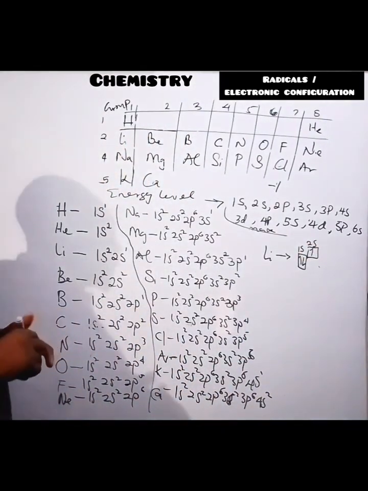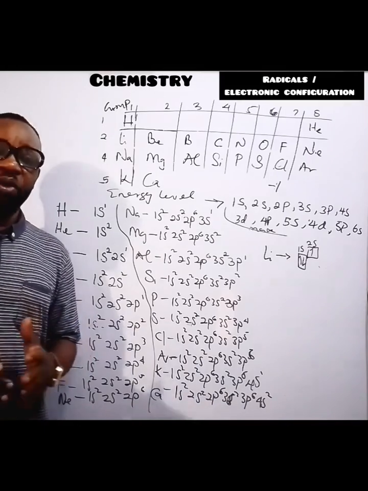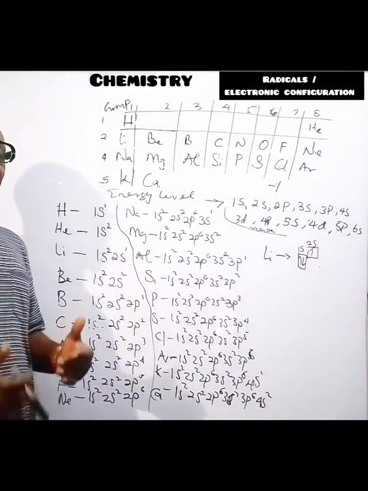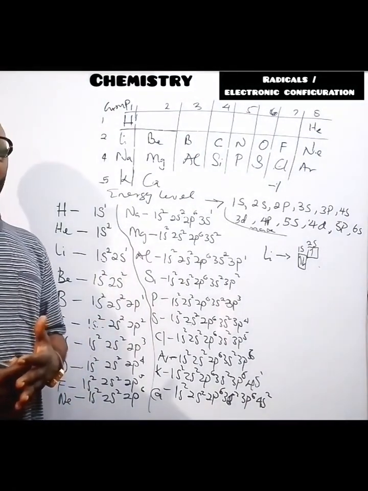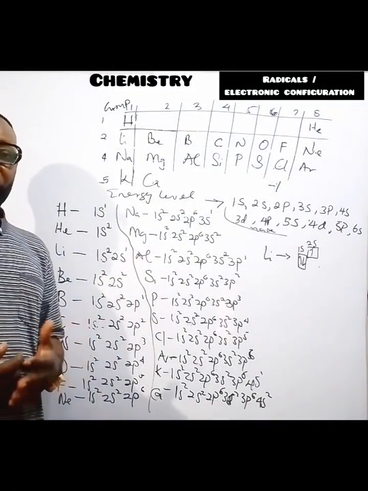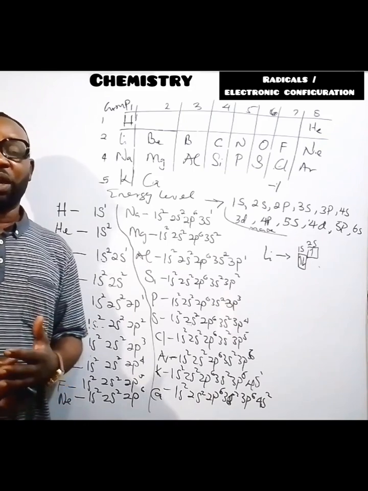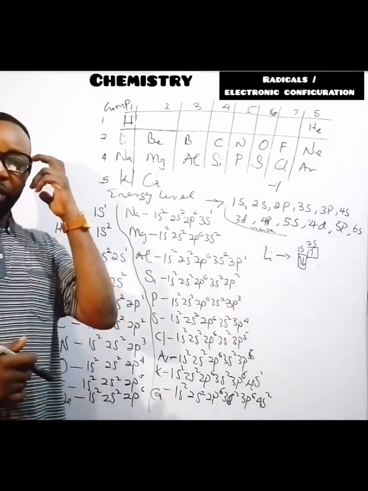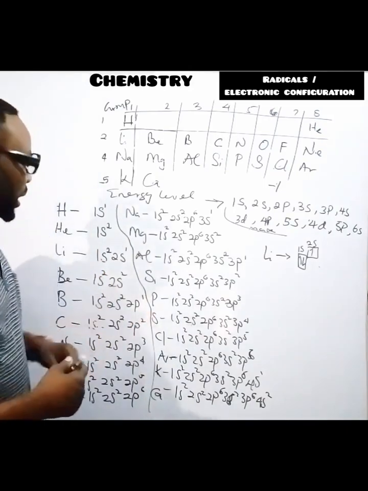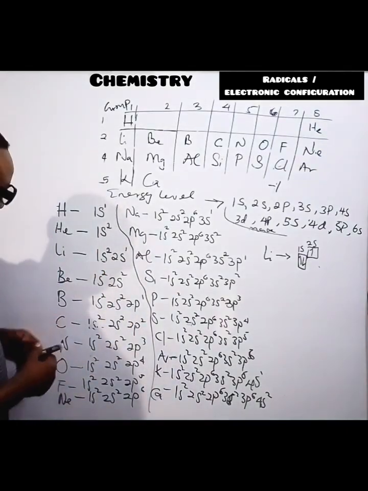Now, what I am interested in showing you here is how these electrons are filled into the orbitals. There's a rule that tells us that electrons are filled into the orbital singly first before pairing takes place. So let's look at how that works.